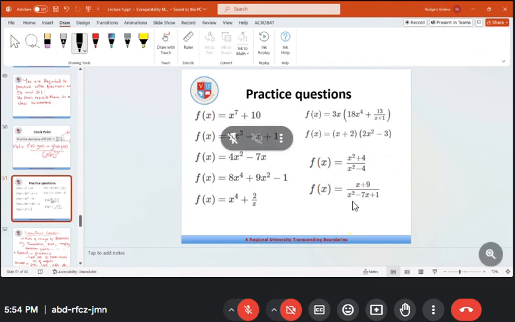This one, 1, 2, 3, the one of f(x) with 8x. I think it's number 5, if I count well: 1, 2, 3, 4, 5. The one of 8x to power 4 plus 9x squared minus 1.